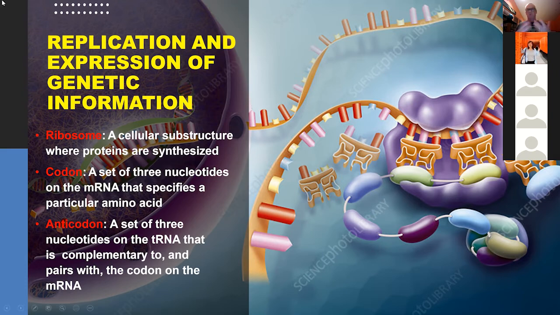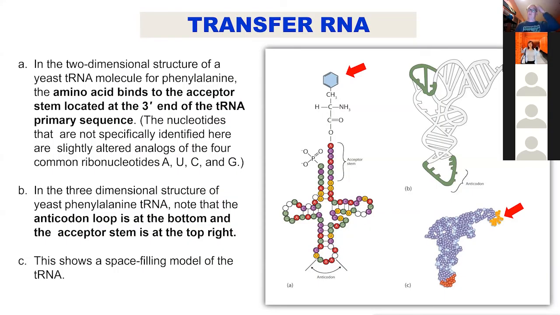So let's have a look and see how that works. So here's the transfer RNA. You can see that these are pretty short. They're only maybe 100 nucleotides or even shorter than that. On the 5' end, you've got your phosphate.